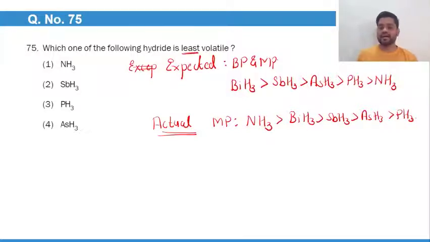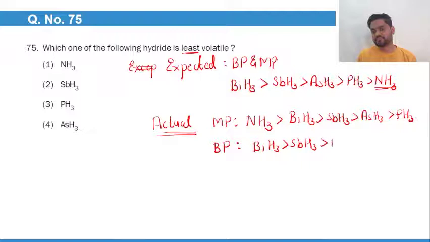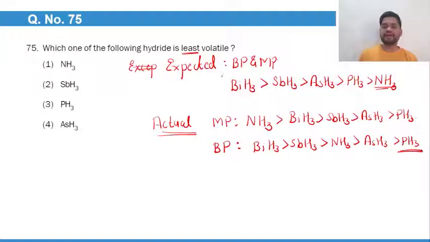Again, if you see the boiling point, that has been disturbed. If I talk about boiling point, because of hydrogen bonding in ammonia, what has been found is that it comes between arsenic and antimony. So it is something like this. So you expect the answer to be NH3, but the actual answer is PH3. So least boiling point, highly volatile.